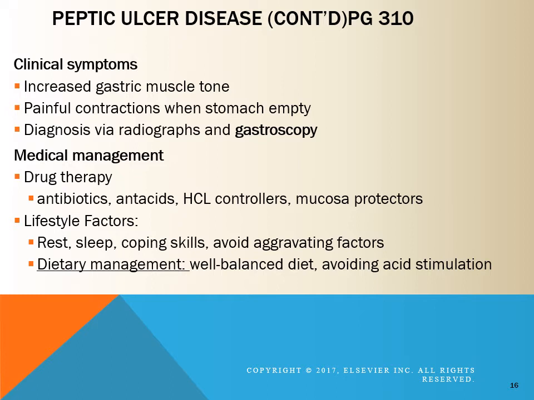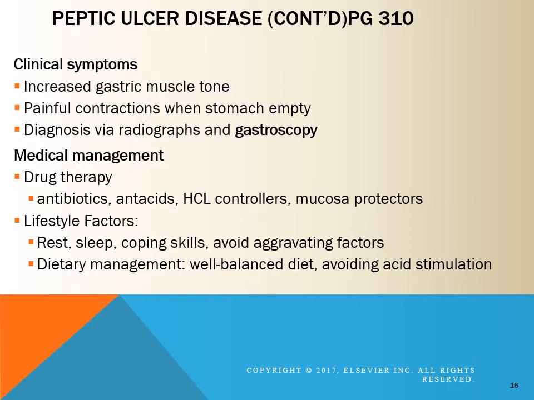Factors that contribute to ulcer development include things like smoking, alcohol use, and those drugs like we talked about, the NSAIDs that can be irritating. Dietary management: patients should follow a well-balanced diet, avoiding acid stimulation. So think of those acidic types of foods. One surprising one that is common is black pepper.